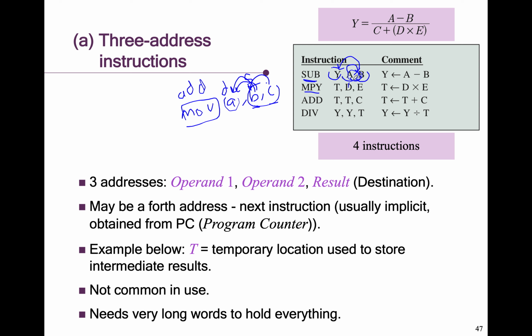You're going to multiply D with E, and the answer will be keyed in and stored into your T. And you have addition: T plus C, you're going to store into your T. This T is coming from the previous T value from the multiplication operation. Then the last line, you have division.